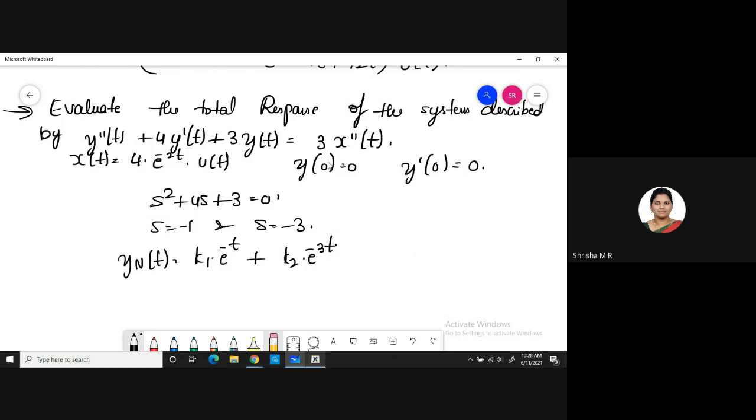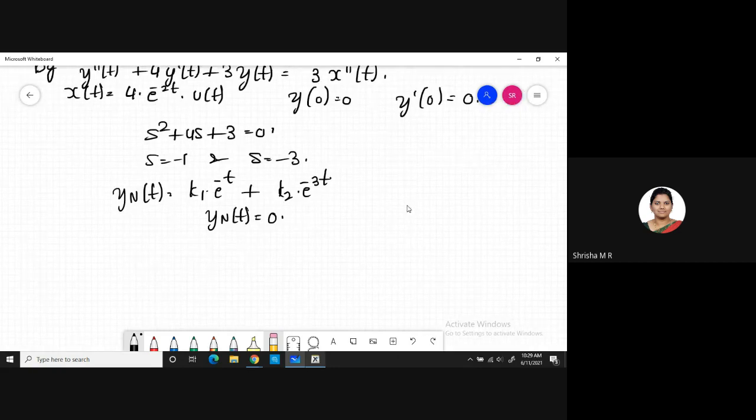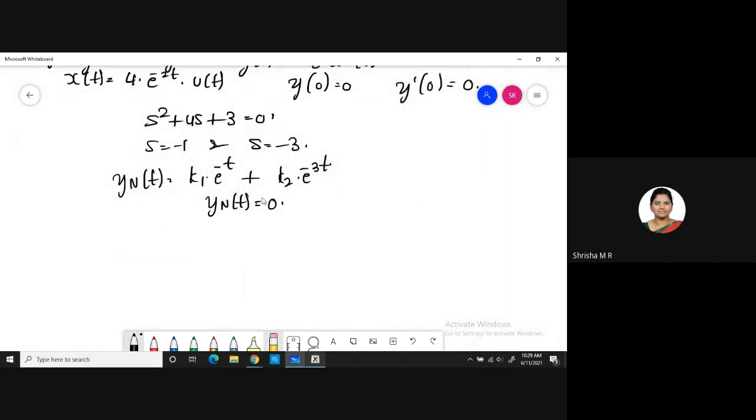If both the initial conditions are 0, your k1 and k2 will also be equal to 0. So yn of t will be equal to 0. Got it? Because both initial conditions are 0, you will get k1 and k2 as 0 only. Keep that in mind. So the natural response is equal to 0.